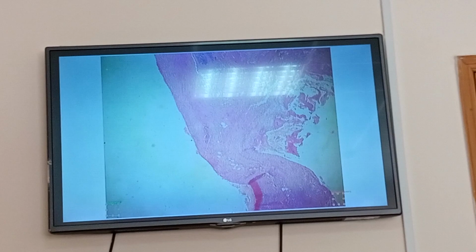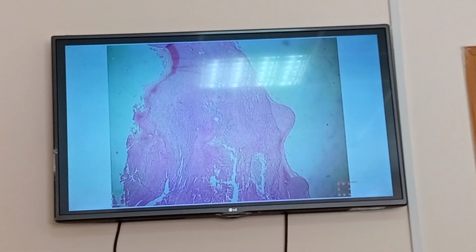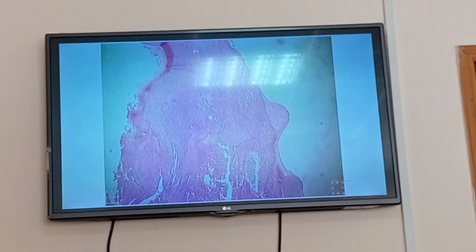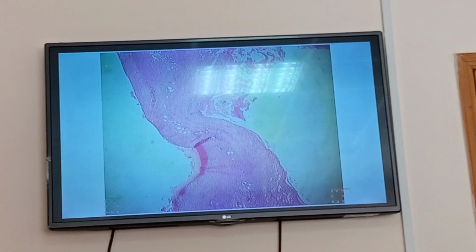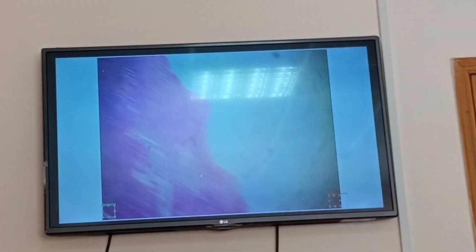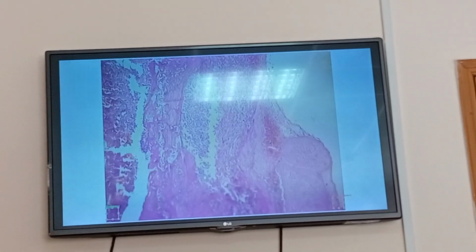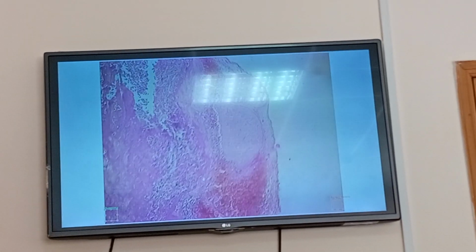Endocardium, the part of it. Valve. Here. What area? This one. Shape. Understood? Find here is the valvulitis or endocarditis.